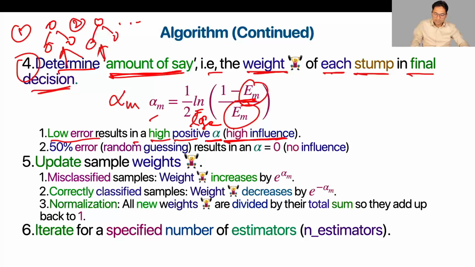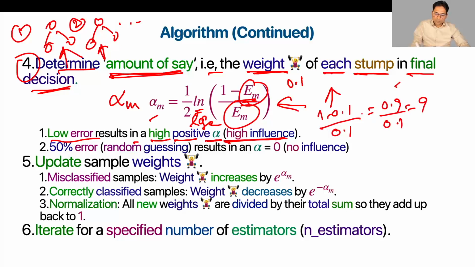It means if it is making very little error, that tree is good and it will have a very high say. For example, if it is making 0.1 error, 1 minus 0.1 by 0.1 is 0.9 by 0.1, that is natural log of 9, a big positive number. So alpha m will be that value.